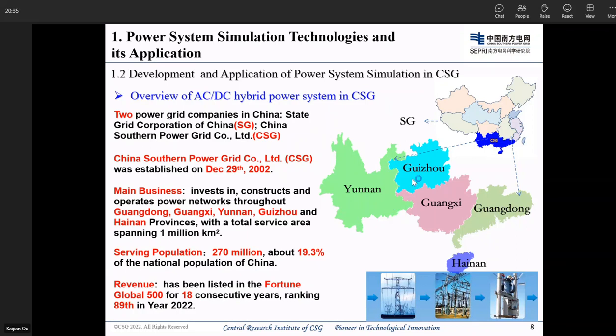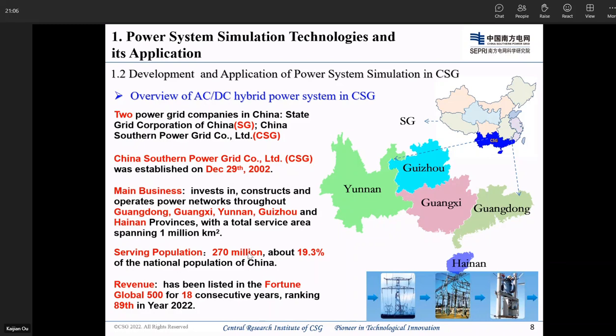The other is State Grid, SG, and we are CSG. SG is bigger. CSG has existed since 2002. This is the CSG information, which has also been introduced before.